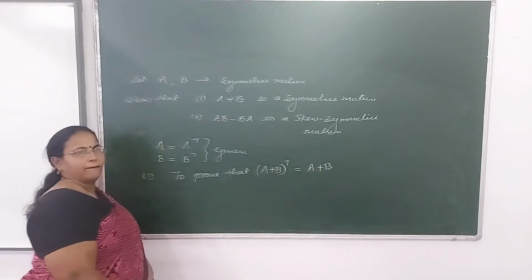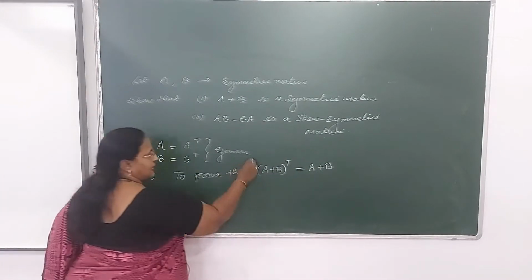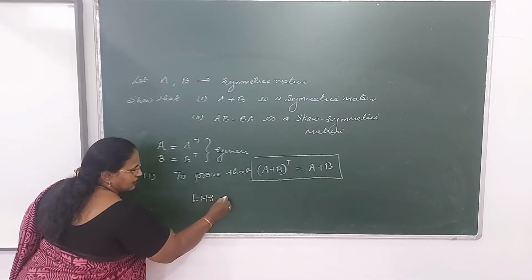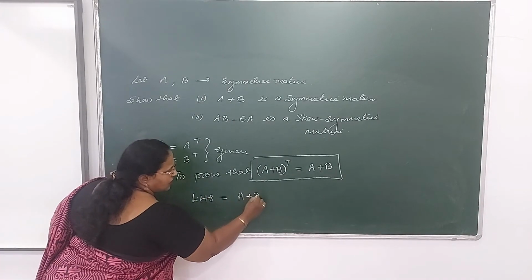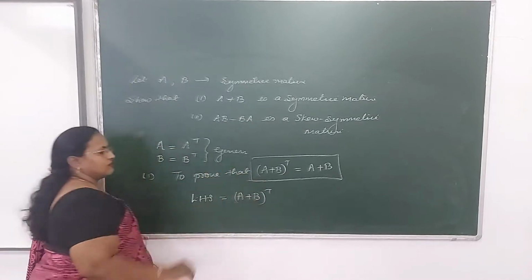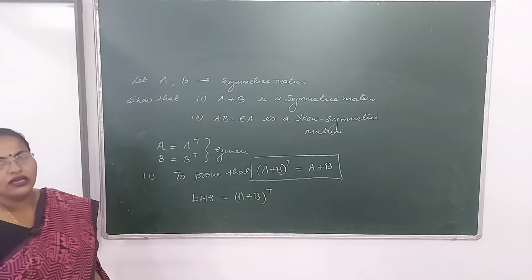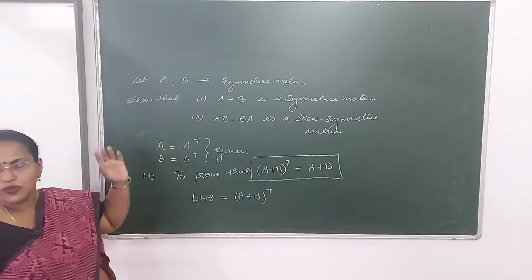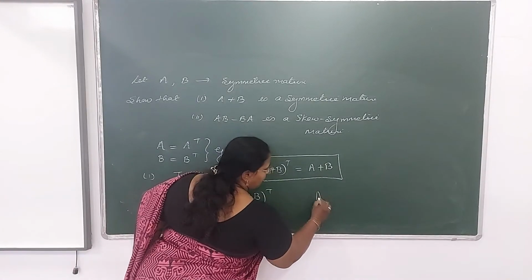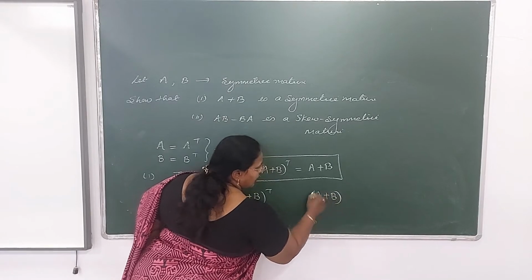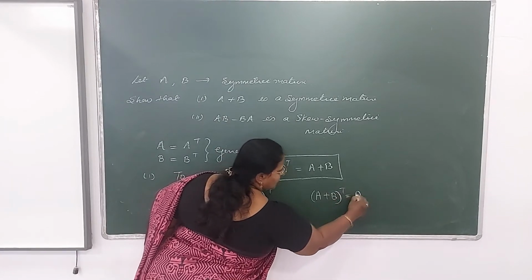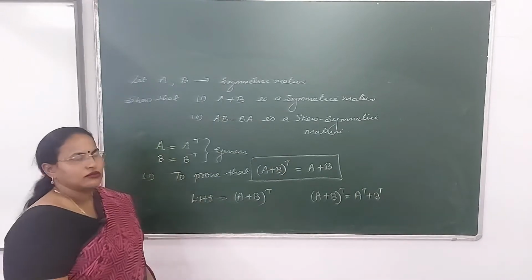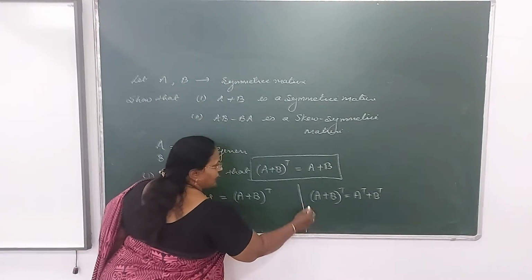Okay. So let us take the left hand side. LHS: A plus B whole transpose. Now here we'll be applying the property based on transpose. And what is that property? We know that A plus B whole transpose is A transpose plus B transpose. So let us apply the property here.